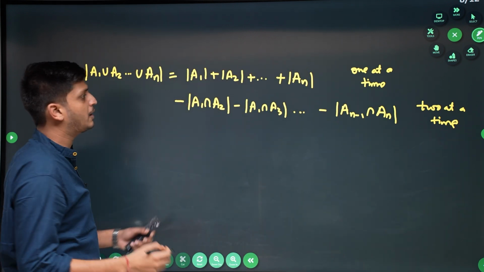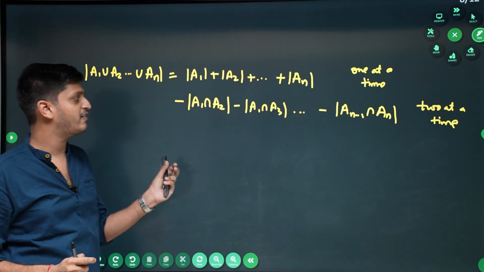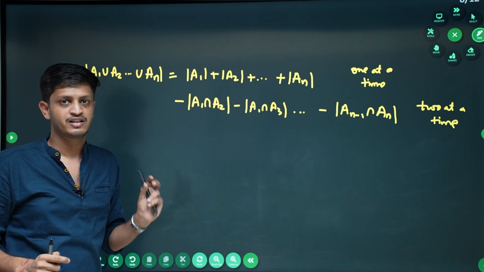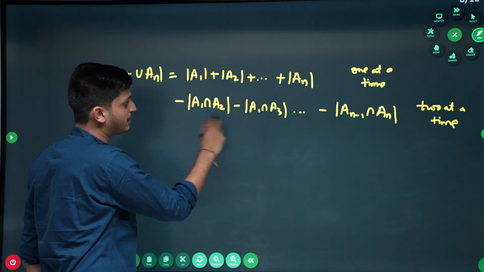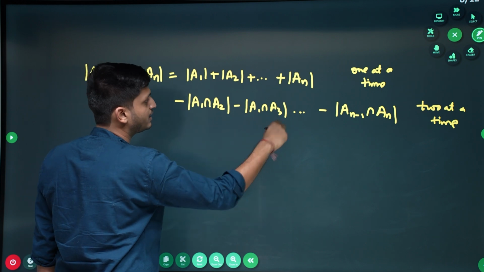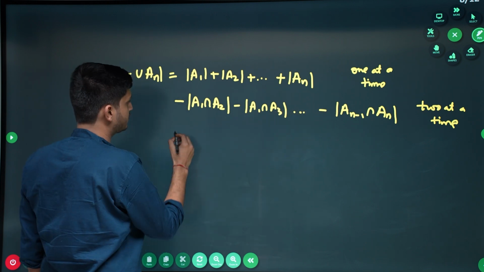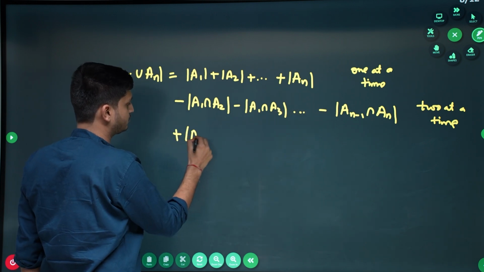And then, so what happens? Consider the set A1 intersection A2 intersection A3. It is counted 3 times here and subtracted 3 times here, A1 A2, A1 A3 and A2 A3. So we have to add it once. So we'll add 3 at a time.